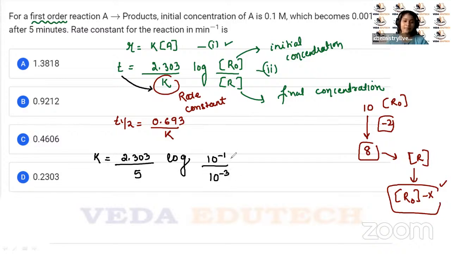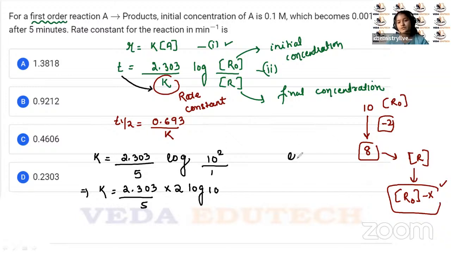You take it up, it is going to be how much, children? Minus 1 plus 3, this becomes 10 to the power 2. Which implies K equals to 2.303 by 5 into 2 log 10. Why, children? Because log A to the power B is equal to B log A. Now log 10 is nothing but 1. So this 1 remains here. You just have to solve this.